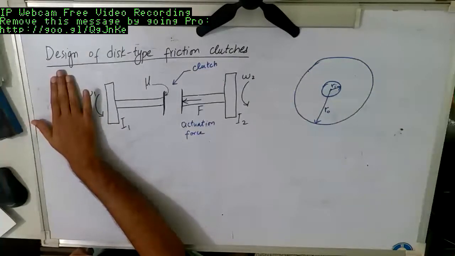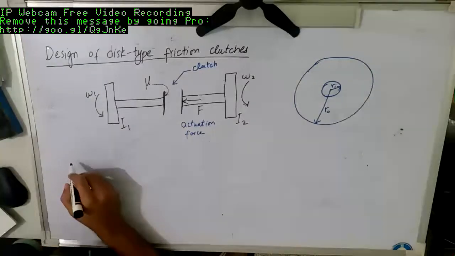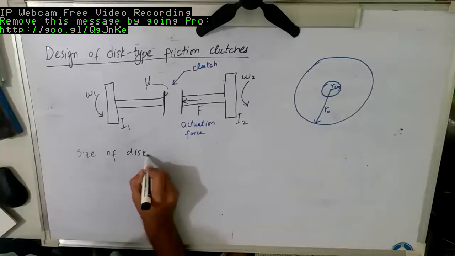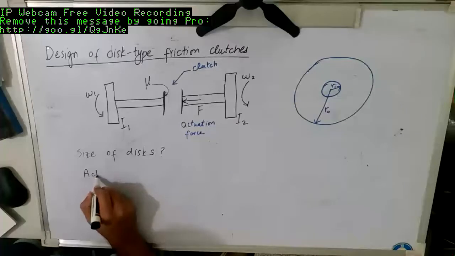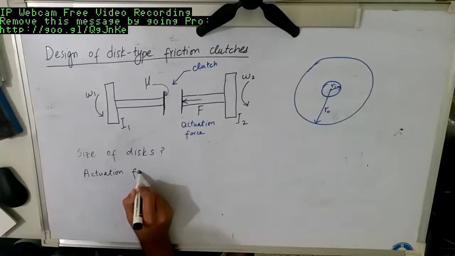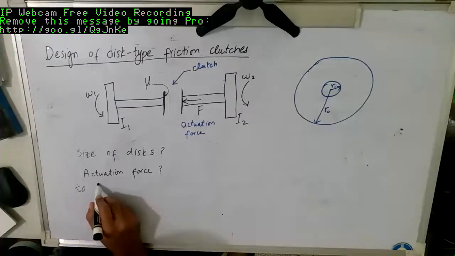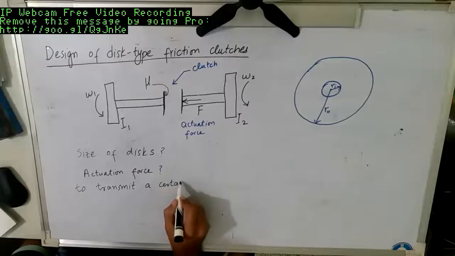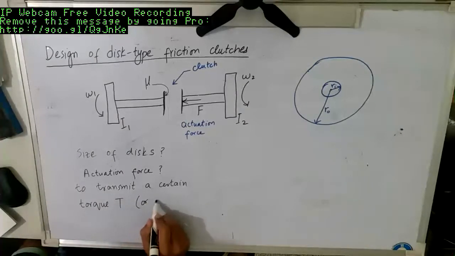During the design of this disc type friction clutch, what we are interested in finding out is what would be the appropriate size of these discs, and what would be the actuation force required in order to engage this clutch such that it would transmit a certain amount of torque or power.